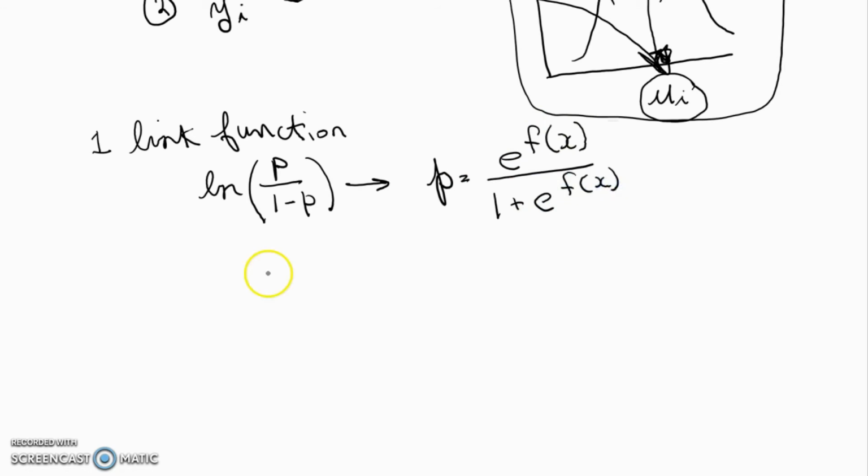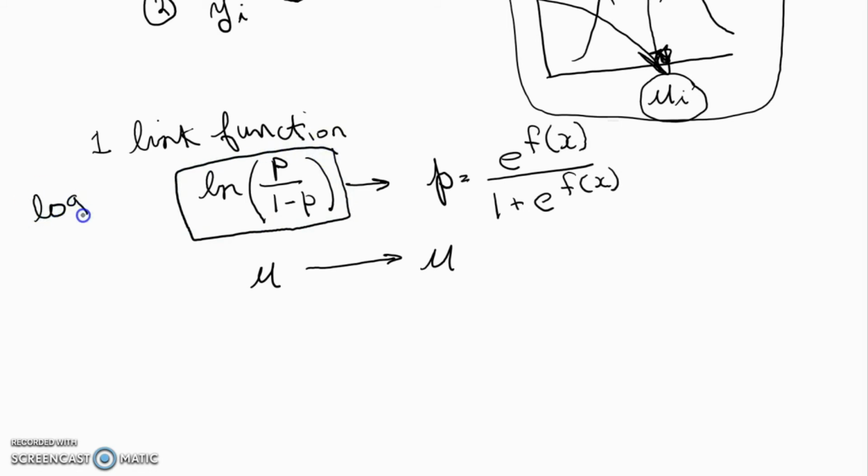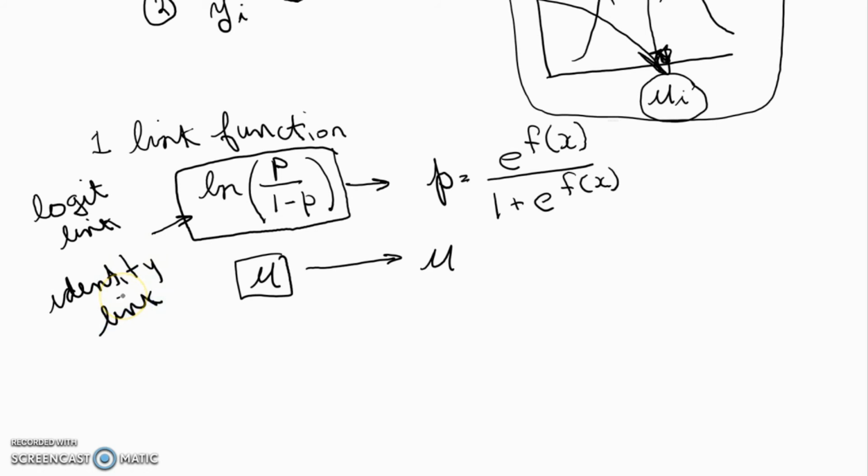For simple linear regression, we're going to start off with mu, and we've already got what we want. So if we think about what we did with logistic regression, we refer to this as a logit link, because this was the logit. Here, we refer to this as the identity link. And the word identity makes sense because what we've got on this side is identical to what we've got on that side.